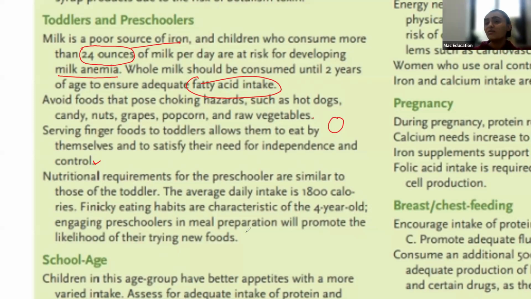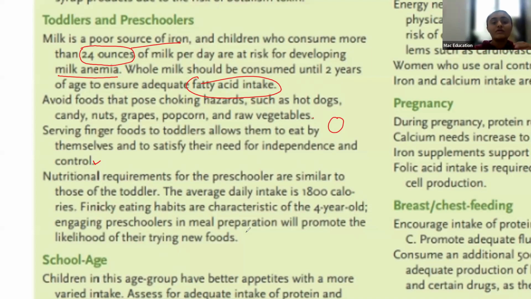Finicky eating habits means they are picky. They like this, they don't like that. Without any reason, they will not consume everything. If they do not like it, they will not eat. They are very picky in eating foods. So we see finicky habits in a 4-year-old child. All small children are like this.